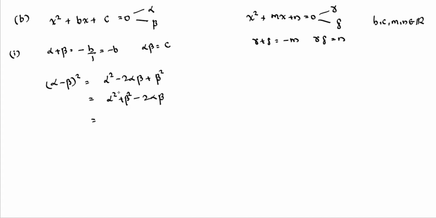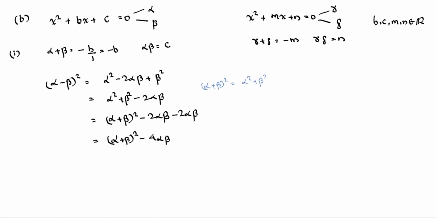You can write alpha squared plus beta squared as alpha plus beta squared minus 2 alpha beta, and you already have a minus 2 alpha beta here. This is alpha plus beta whole thing squared minus 4 alpha beta. If you want to know how I went from here to here, we know that alpha plus beta whole thing squared is alpha squared plus beta squared plus 2 alpha beta.